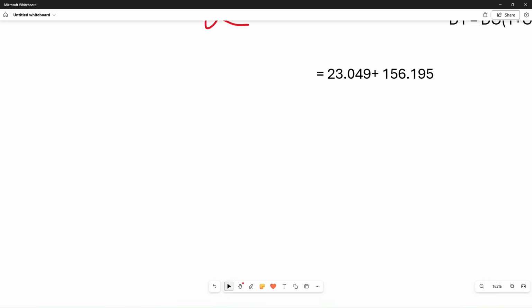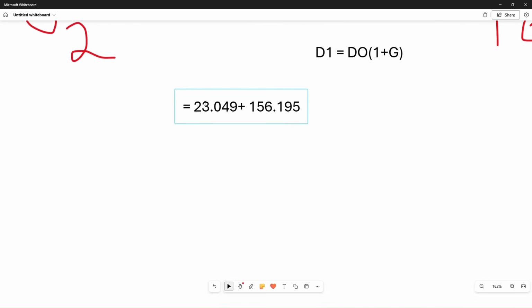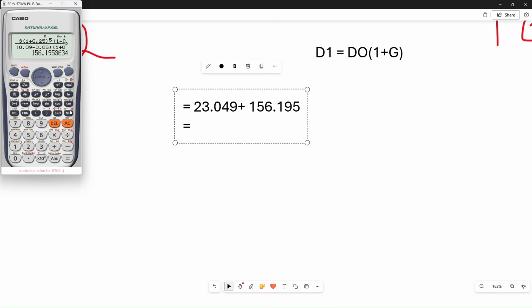So we have this here. At the end of the day, we are going to add these together. It's going to give us our intrinsic price for the stock. So we have 23.049 to be added to 156.195, and then we press enter.